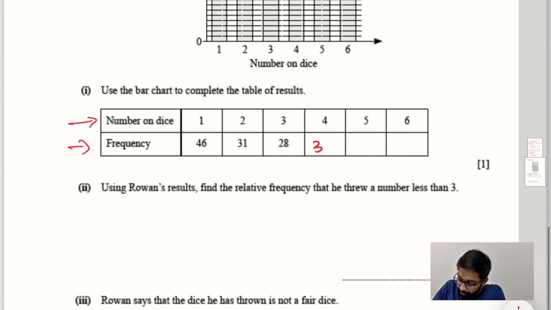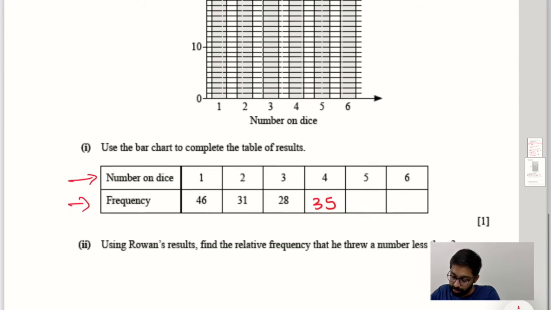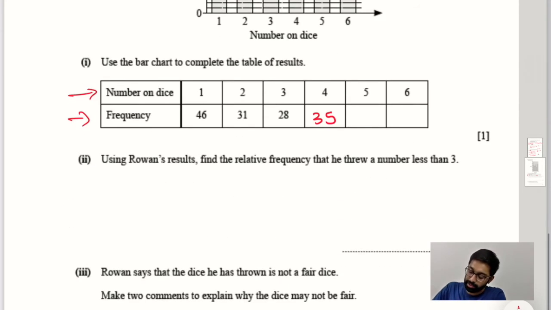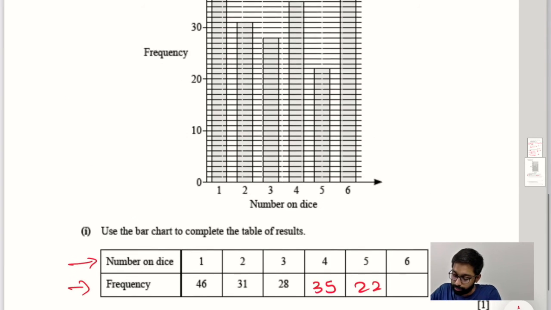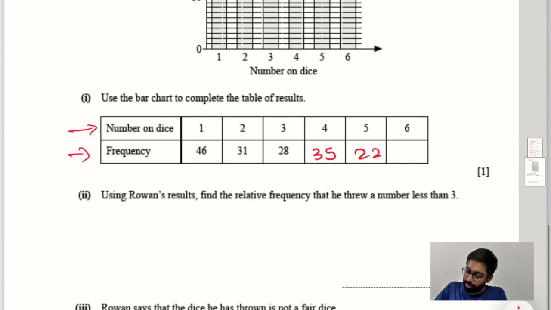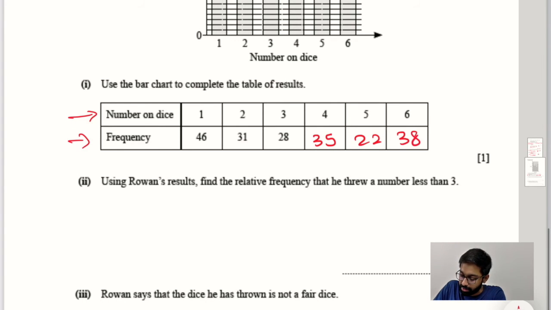So there are 35 possibilities of 4 according to his bar chart. Then for 5 we have 22 possibilities, so you write 22. Then for 6 we have 31, 32, 33, 34, 35, 36, 37, 38. So the frequency of 6 is 38.